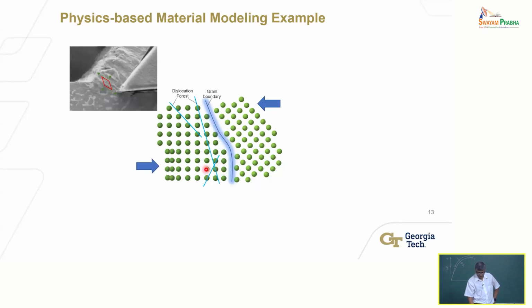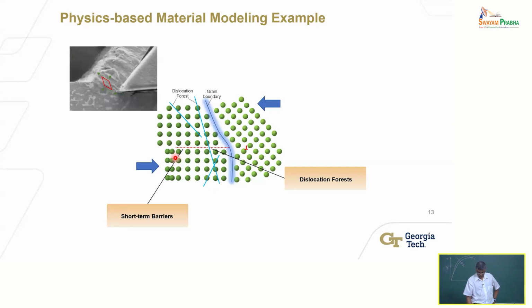So this is illustrating this compression. And this is a dislocation here. That dislocation moves, that red dot that you see, and then it hits a grain boundary. The dislocation has to get past the grain boundary. That's another type of barrier. Not only does it have to get past dislocations within the grain, it also has to get past the grain boundary, okay? So you can see all of these interactions are contributing to strengthening of the material, right?